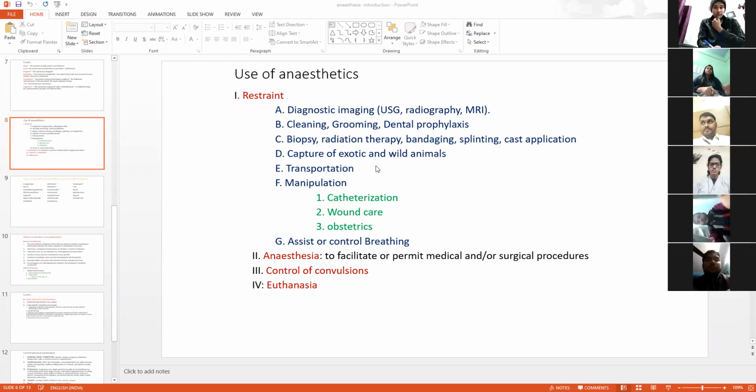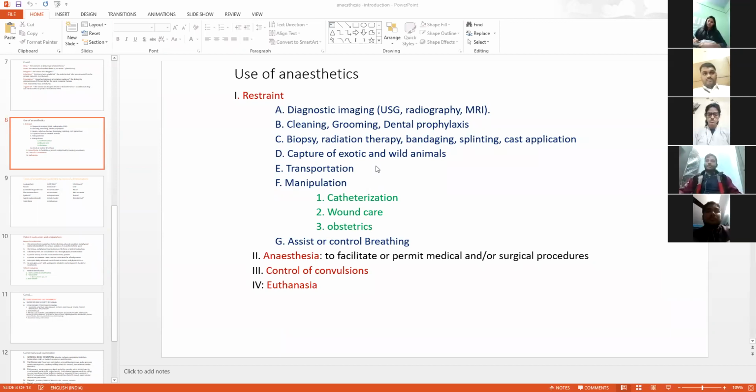Then first is restraining during different minor surgical interventions, like diagnostic imaging. In many cases we have diagnostic imaging like ultrasonography and radiography. There is no need of using anesthetics there, because I have already discussed that every anesthetic has some side effects.